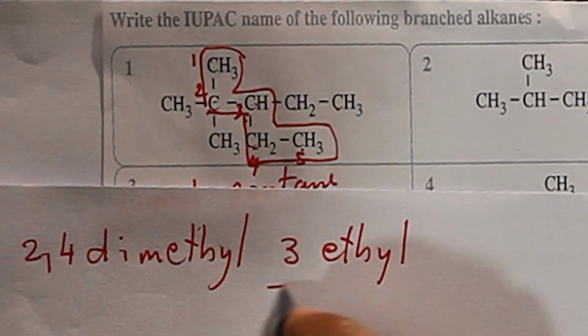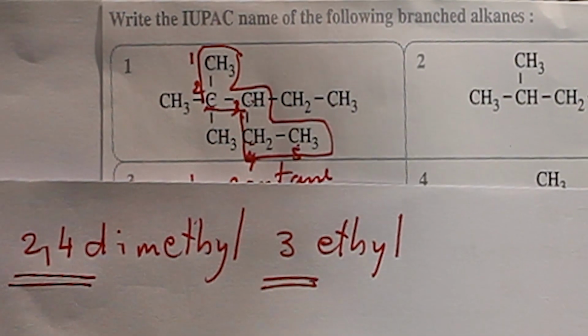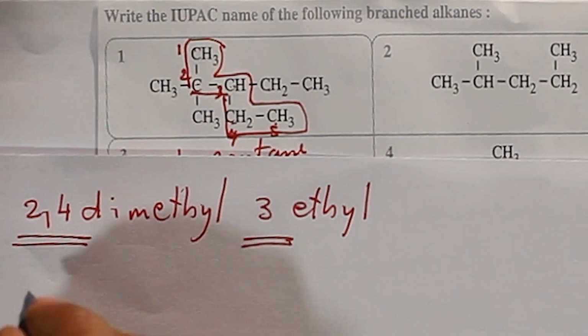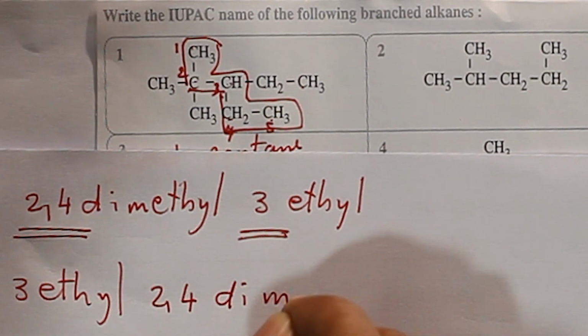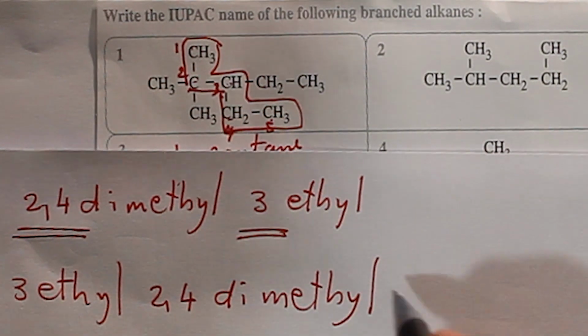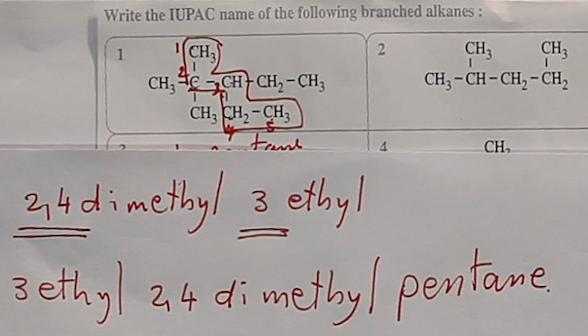Now we must arrange according to alphabetic. So we must write 3-ethyl firstly, 3-ethyl, 2,4-dimethyl. And the main series is pentane. This is very important.